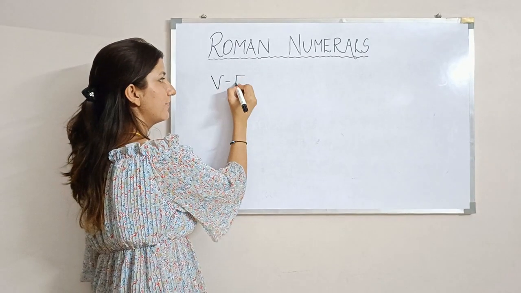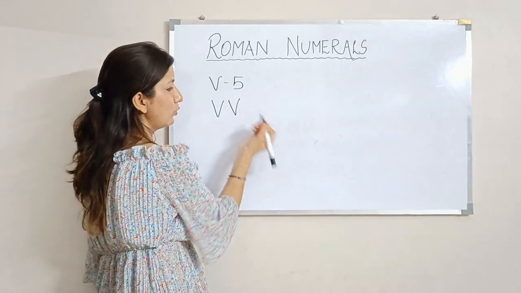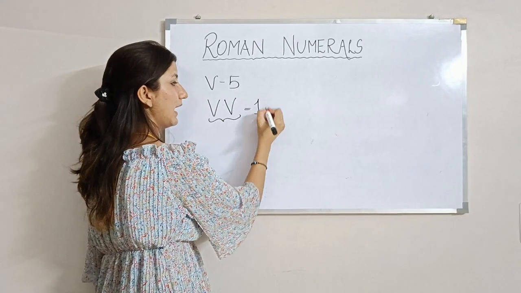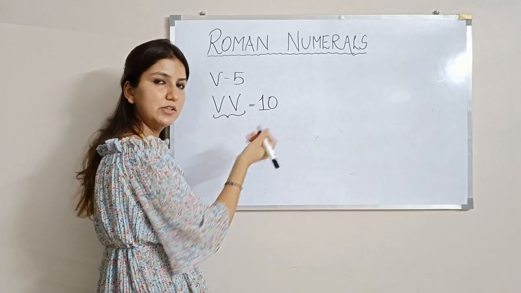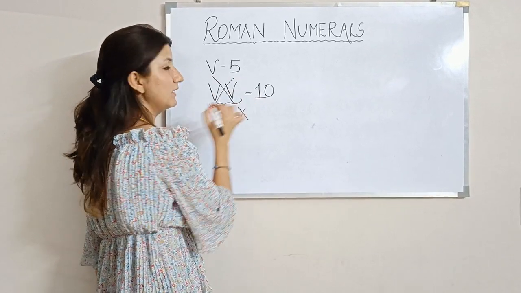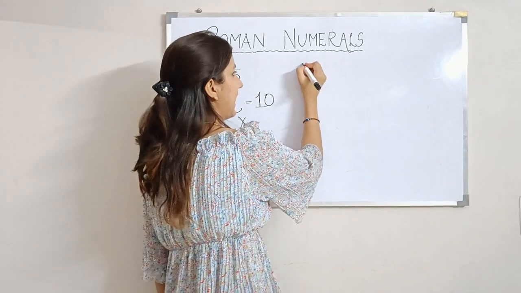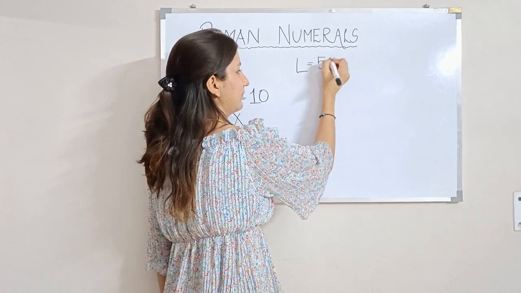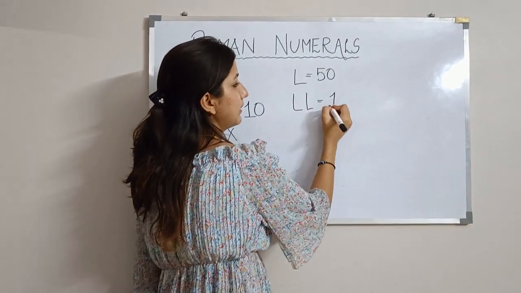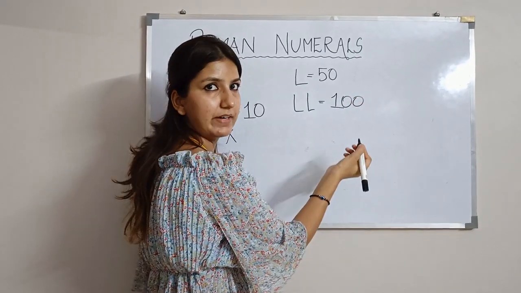V means 5. If I am writing V 2 times, this will become 5 plus 5, which is equal to 10. But we have a special new symbol for 10, which is X. So we cannot repeat V. Similarly with L. L means 50. If you write L 2 times, this means 50 plus 50, which is 100.